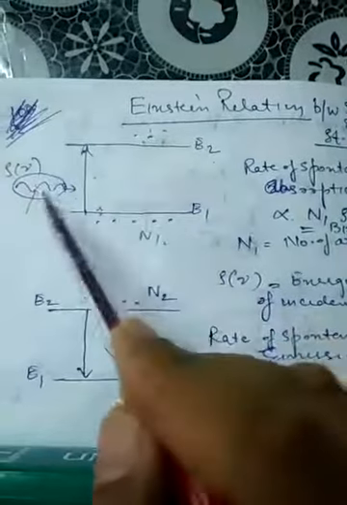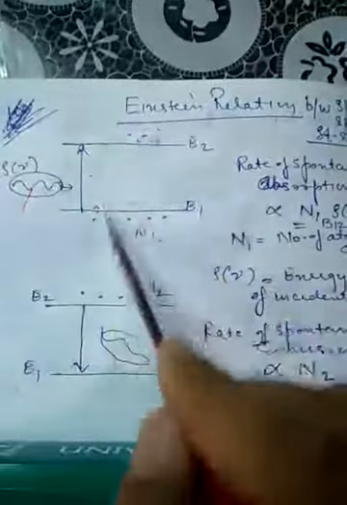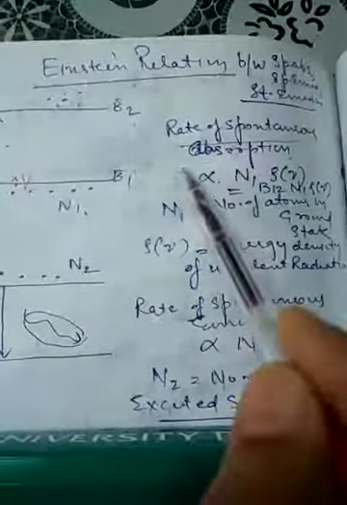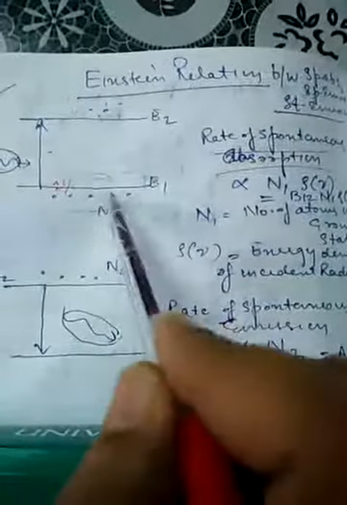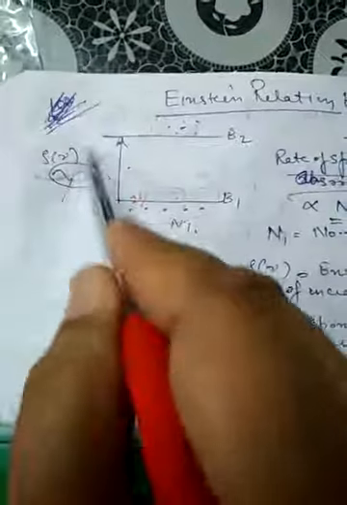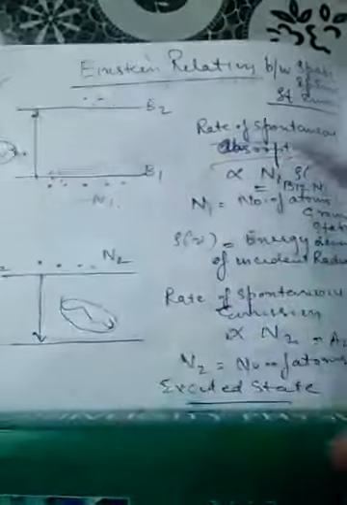Absorption occurs only when the energy carried by the photon is at least equal to E2 minus E1. Now the rate of spontaneous absorption depends upon N1, the number of atoms in the ground state. If there is no atom, no absorption will take place. Second, it also depends upon the energy density, where rho mu is the energy density of the incident photon. If there is no photon, no absorption will be there.